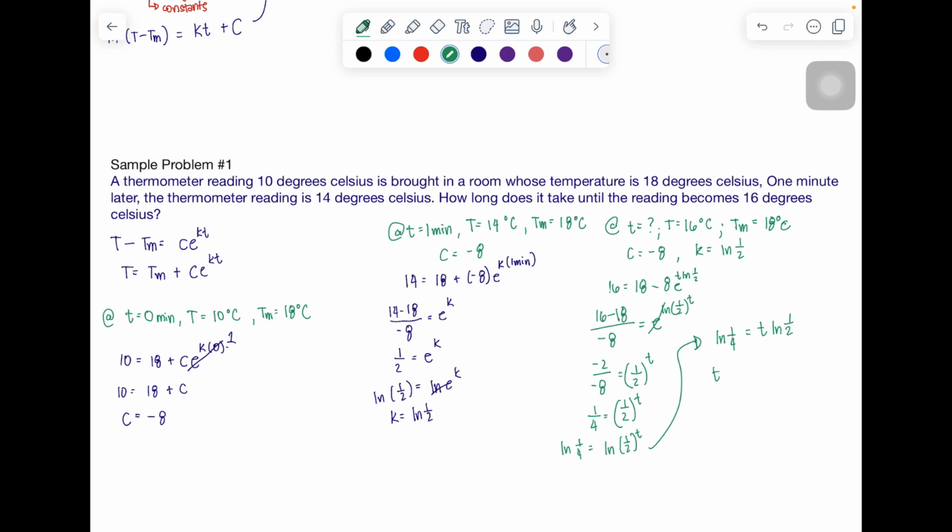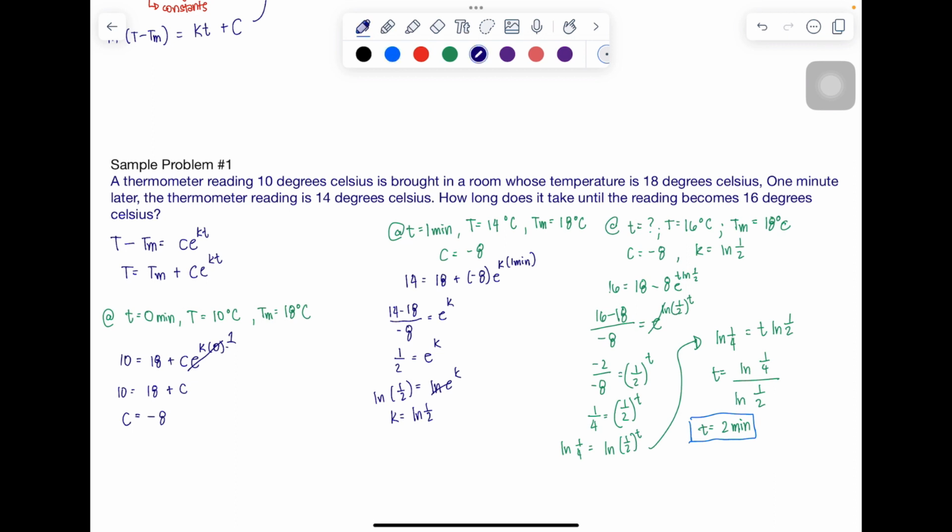So we have t is equal to ln of 1/4 over ln of 1/2. If you calculate that in the calculator, your t is 2 minutes. That is then the solution.